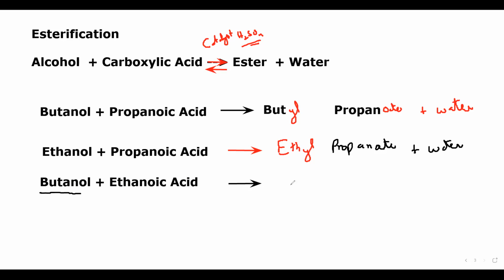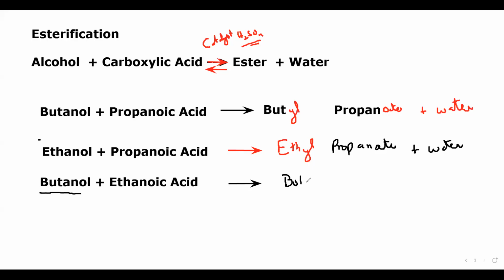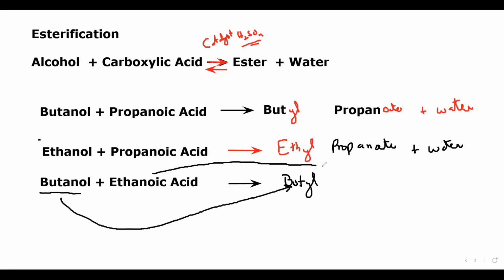Butanol, so the starting name is but, and butyl, that's the first part. Because the first part is coming from the alcohol, it is butyl. The second part is from the acid.